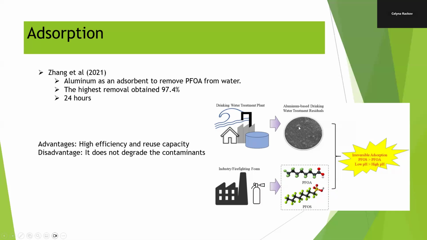You can use this aluminum for several different cycles of adsorption treatment. But this technique does not degrade the contaminant. It just removes it from water or soil to another system.